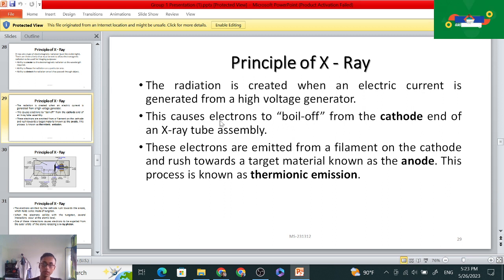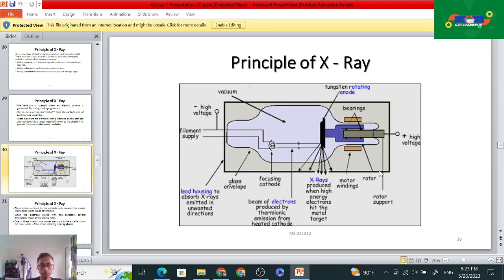Then the radiation is created when the electric current is generated from a high voltage generator, and this causes the electrons to boil off from the cathode end of an X-ray tube assembly, and these electrons emitted from a filament on the cathode rush towards a target material known as an anode, and this process is known as the thermionic emission, and this is the figure.